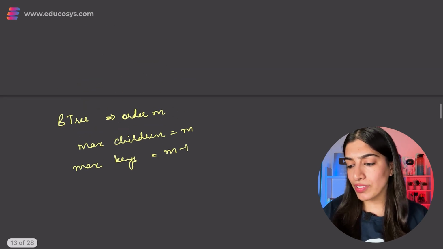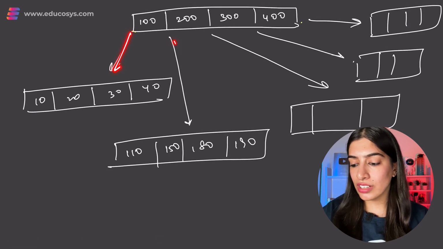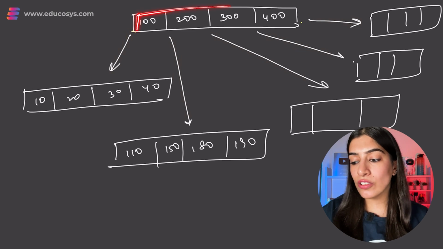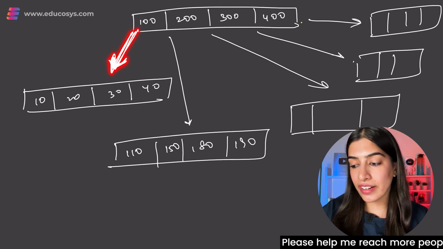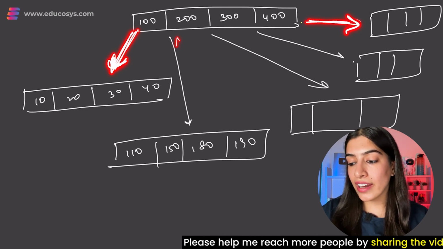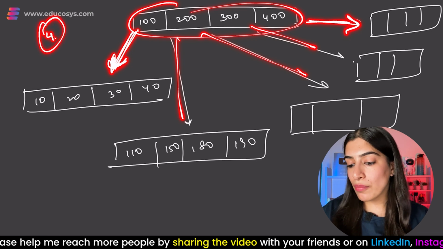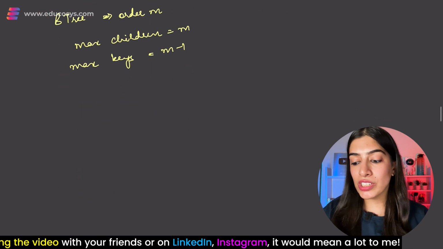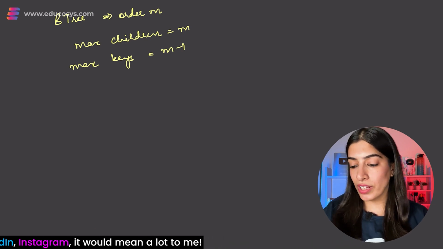Let's see this example. Here the max children are, say, 5, right? If the children are 5, the keys are only 4, which is 1 less. Why? Because here it is pointing to all the values that are less than 100, more than 100, and the in-between values. So even though the keys are 4, the number of children is 4 plus 1, which is 5. So if the maximum children can be m, then the maximum number of keys can be m minus 1.